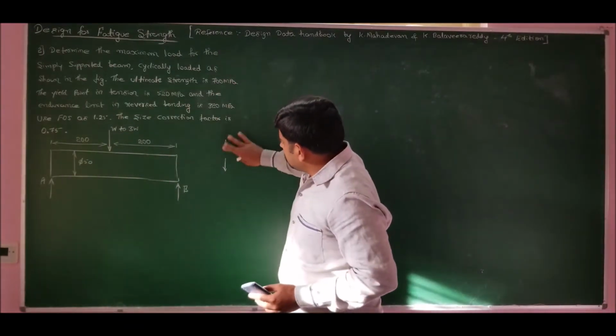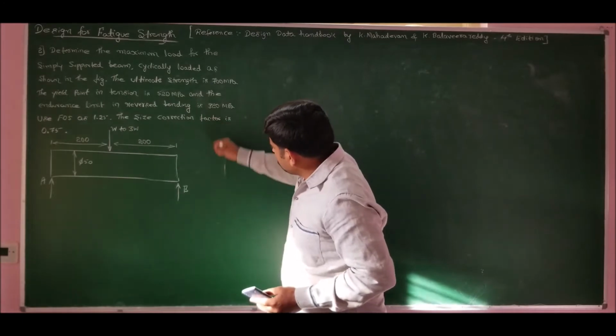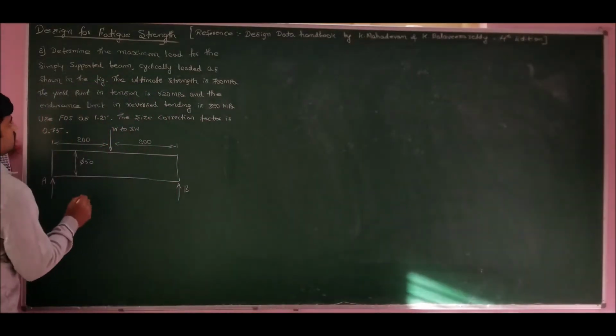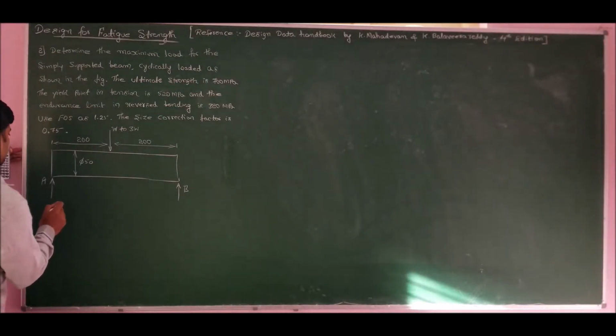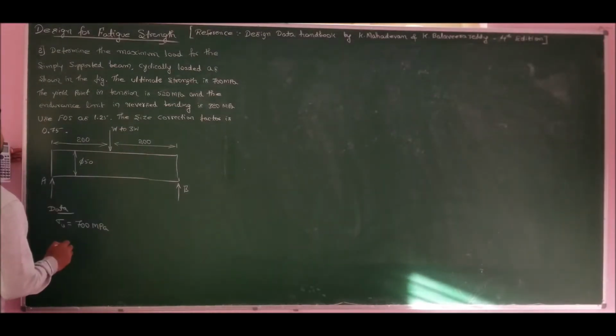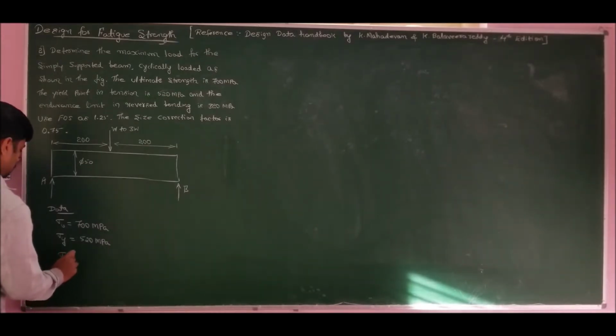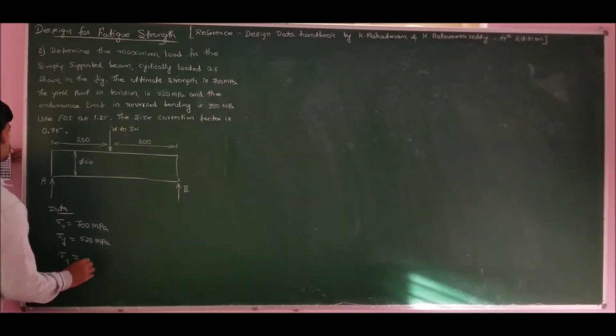Now, if I list the data given for this problem: ultimate strength is 700 megapascals, the yield point in tension is 520 megapascals, and the endurance limit sigma minus 1 is 320 MPa.